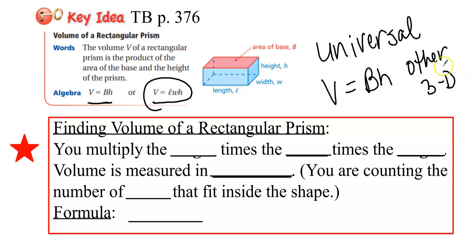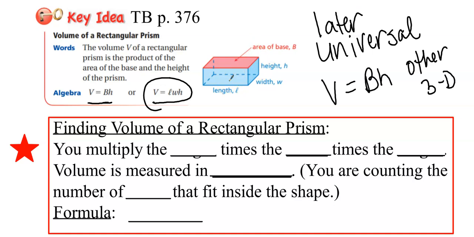Okay? But when we're working with rectangular prisms, it's like a box that has a length, a width, and a height. So that's what we're going to concentrate on today. This will be for later, right, in your math career when you're looking at shapes that aren't quite as easy to understand as a rectangular prism.